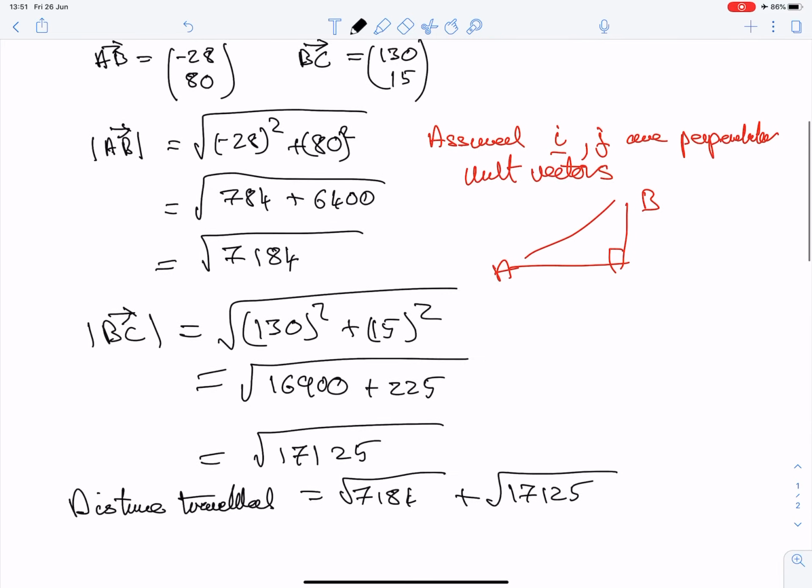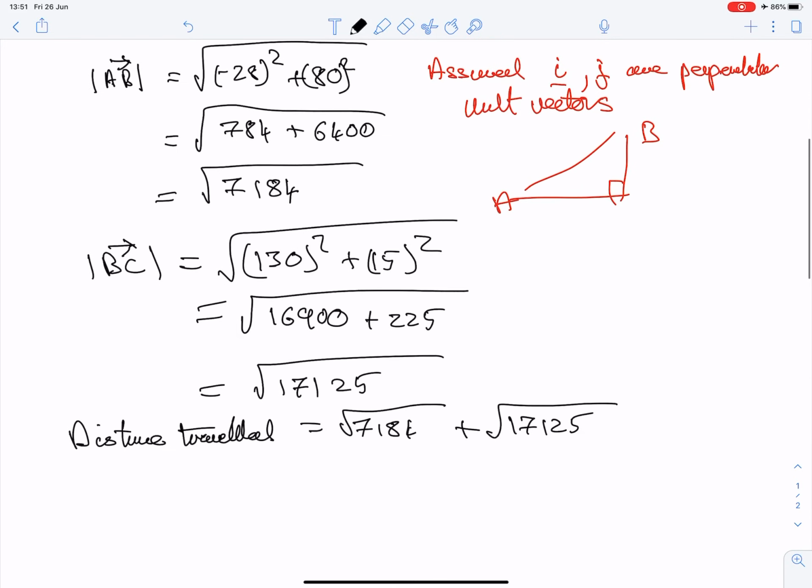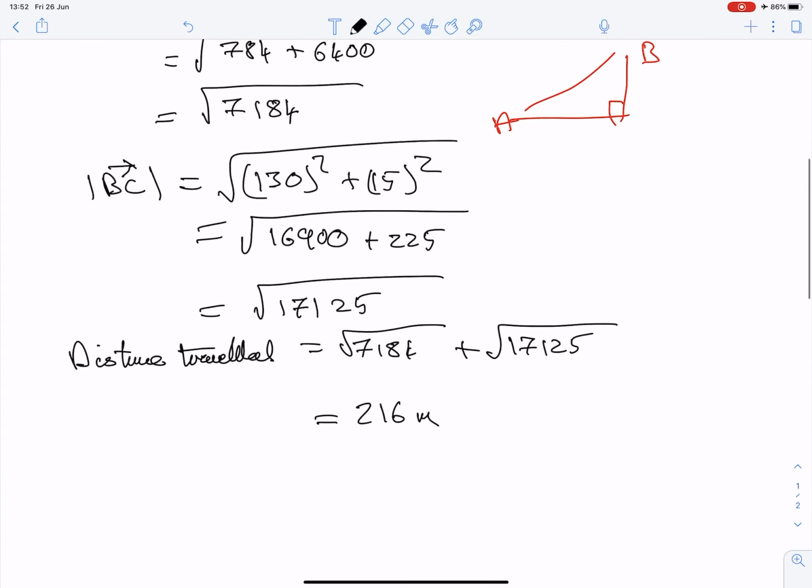Yeah, well, it's going to be 130 because the 15 doesn't make much difference at that level. So 130 plus probably something slightly, well, it is under 100, so perhaps 90, so 220-ish. Tap it in the calculator to see what you get. I get it to come out to be 216 metres to the nearest metre. That's part A.